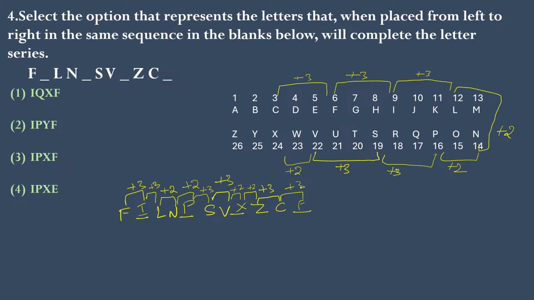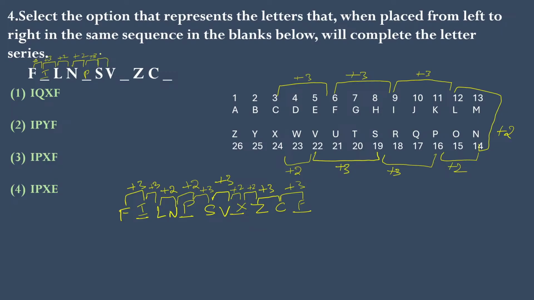See here, from here to here we have plus 3, from here to here again we have plus 3. And L to N plus 2, N to P we have plus 2, here I is there, and here again plus 3.